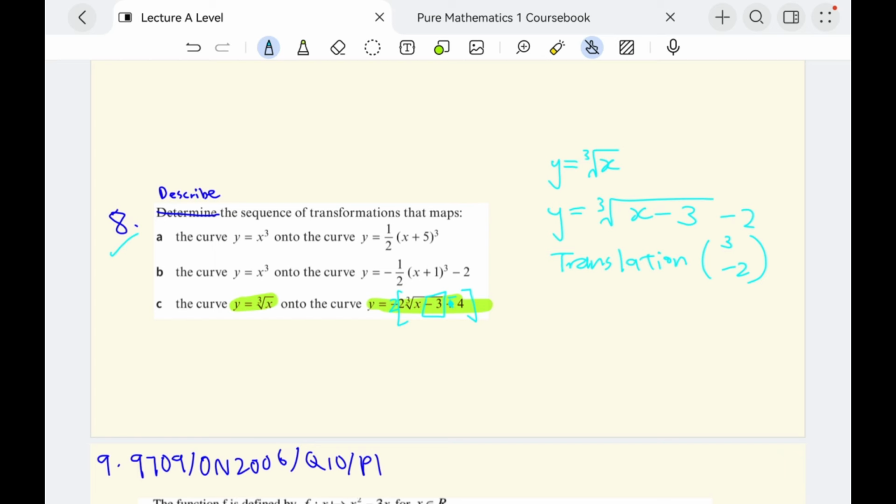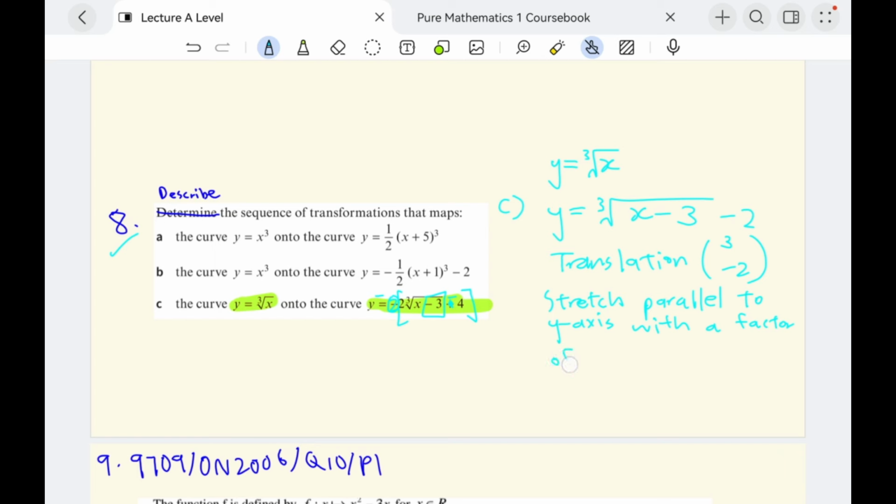And next you have a stretch, okay, by times 2 and then the negative. So you have the stretch parallel to the y-axis with a factor of 2. Okay, because this entire function needs to be stretched by 2 times.